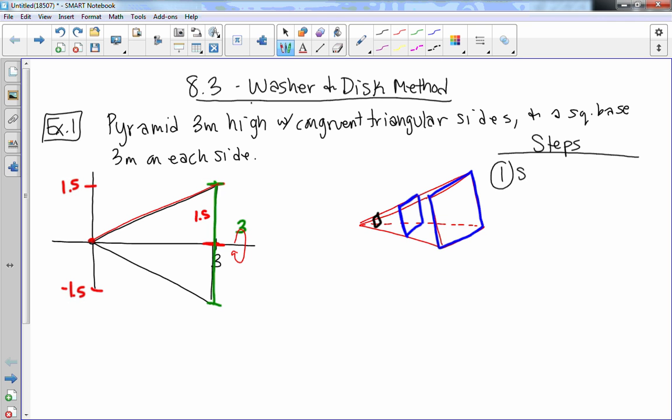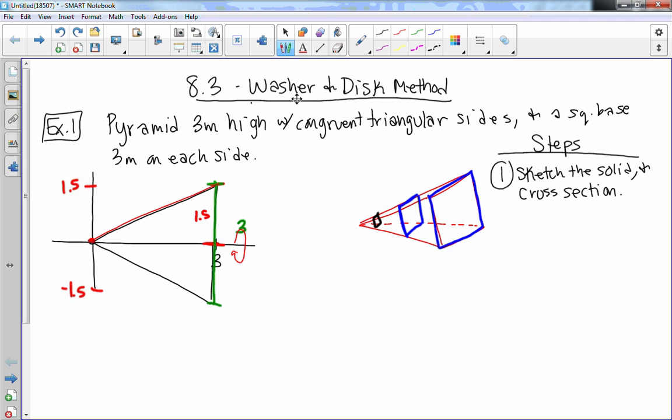Sketch the solid and cross-section. You want to know what type of shape you're finding, because in this case it's a square, but in other cases, like the water bottle here, your cross-section was a circle.